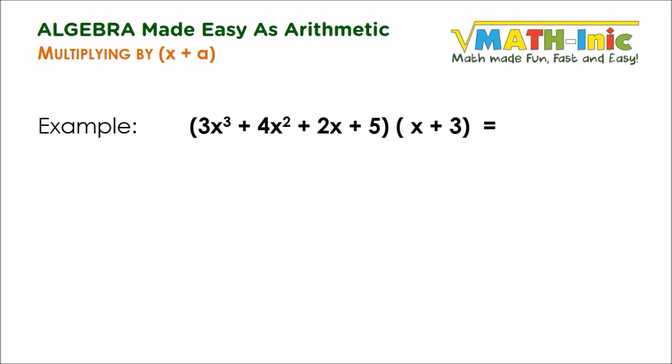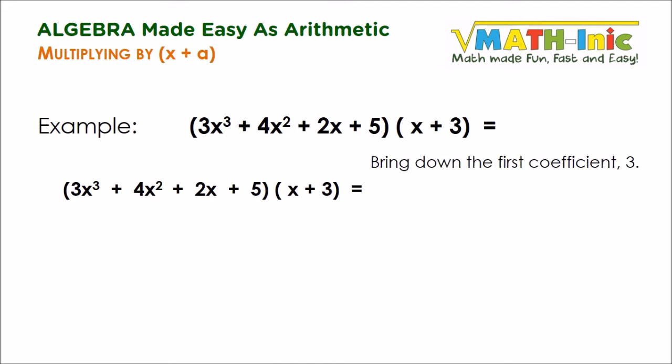So for example, if we have 3x cubed plus 4x squared plus 2x plus 5, and we want to multiply it by x plus 3, we can use the same technique as multiplying by 13.